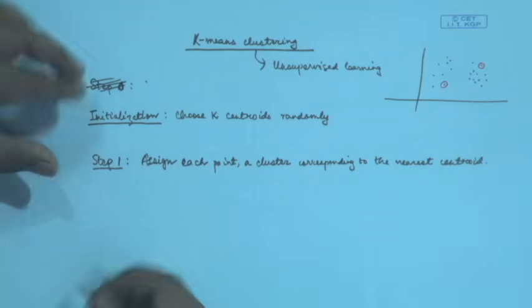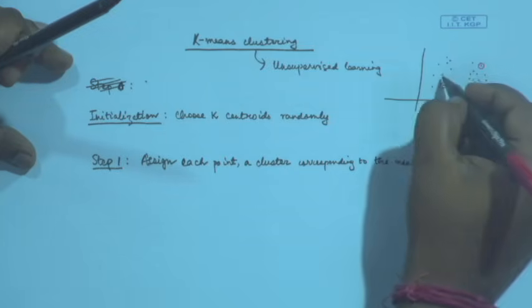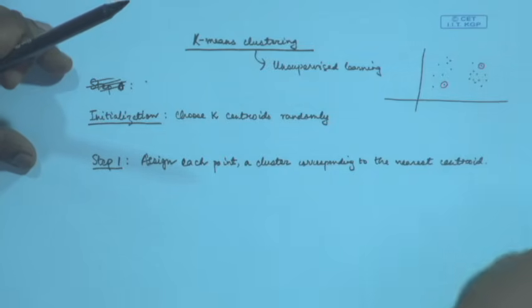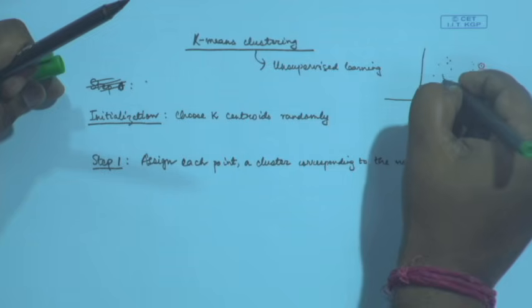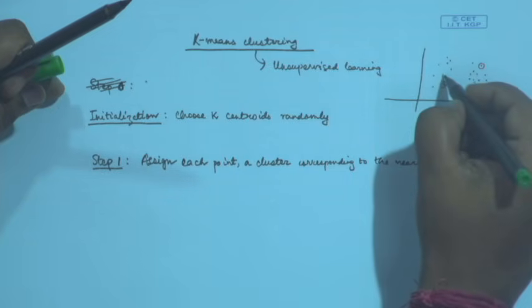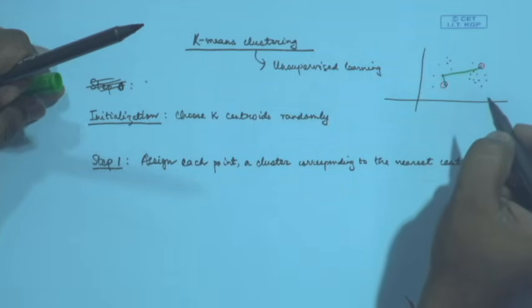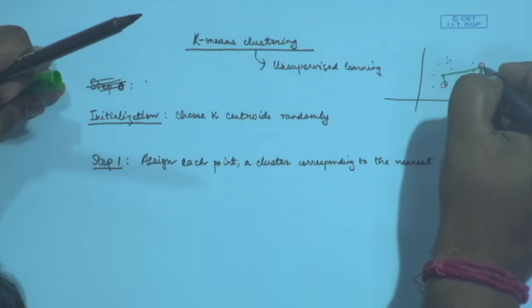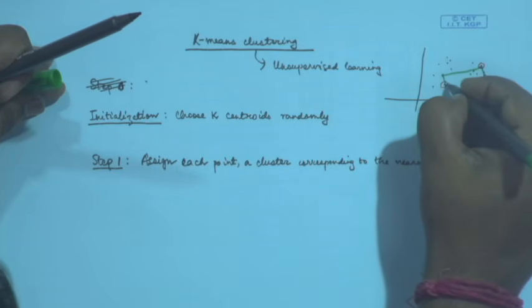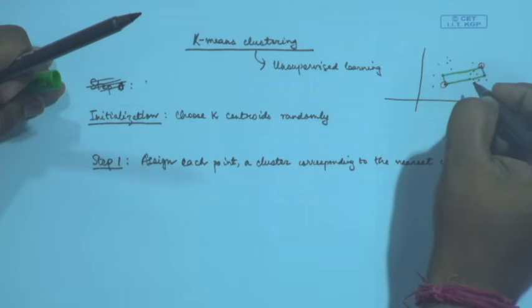For every point in the space, we find which particular centroid is the nearest, this one or that one. For any point, for this point also, we are going to check whether this is closer or that is closer.